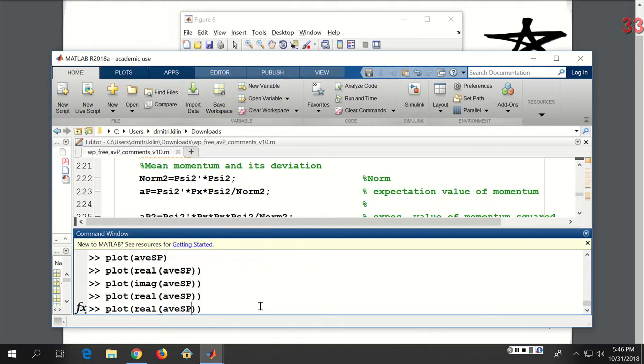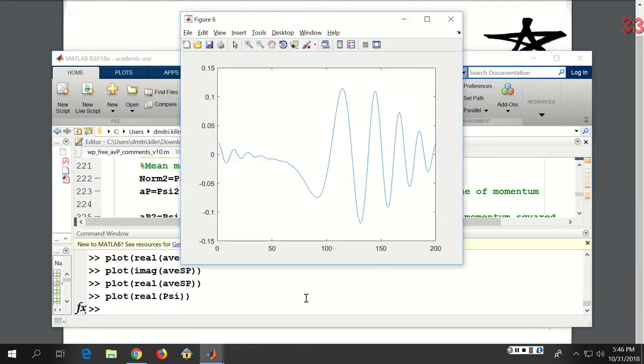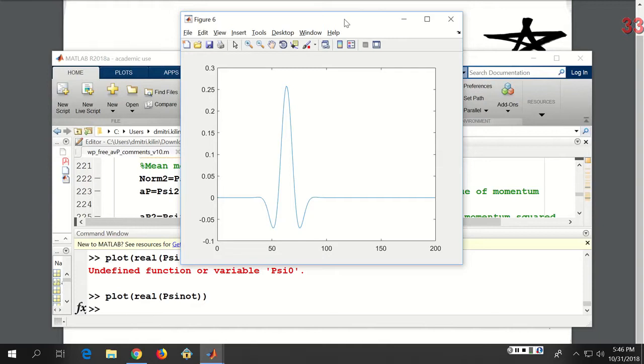If we decide to plot the real part of the wave function, it will be ugly, right? Oscillating too much. Maybe one should start with C0. When I saw it for the first time, I decided that someone was lying to me.